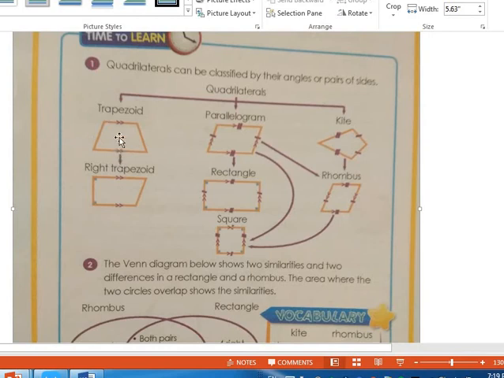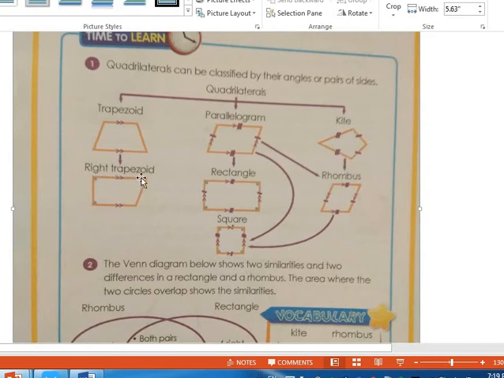A trapezoid has one pair of sides that are parallel. Parallelogram. In a parallelogram, each two opposite sides are parallel. And kite. Here I have the kite, each two sides here are equal in length. Okay. And the two opposite angles are equal.